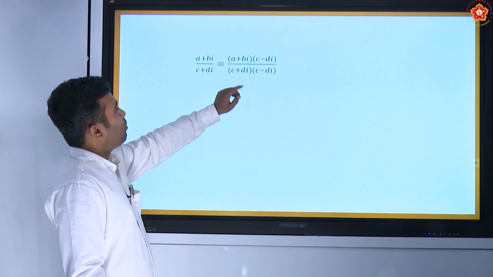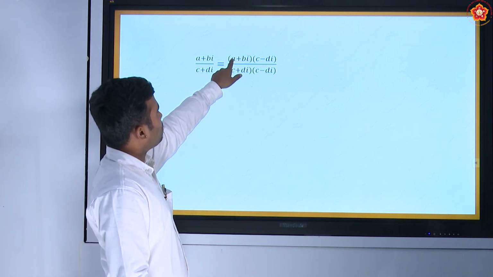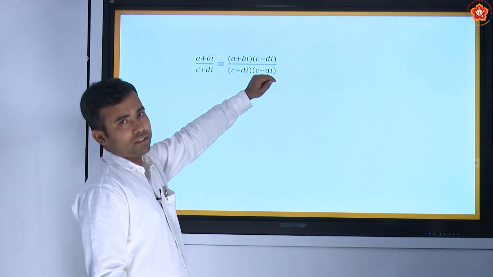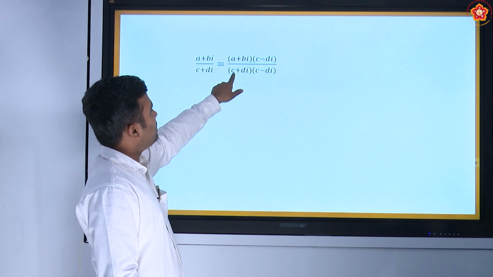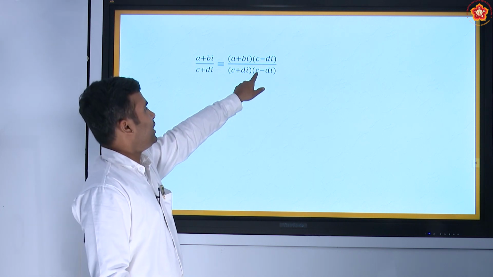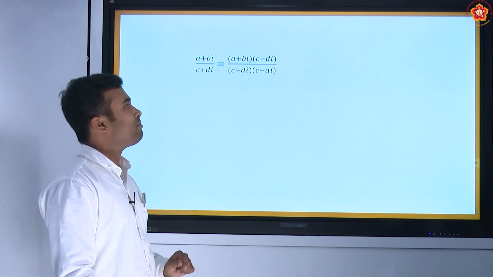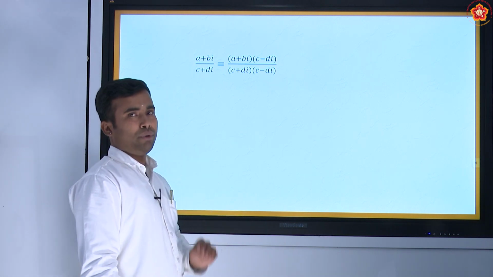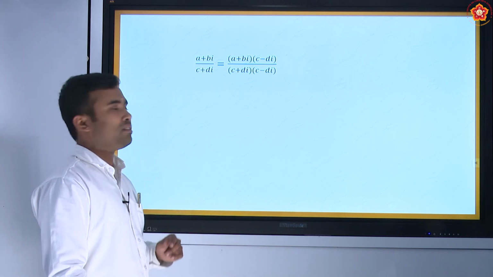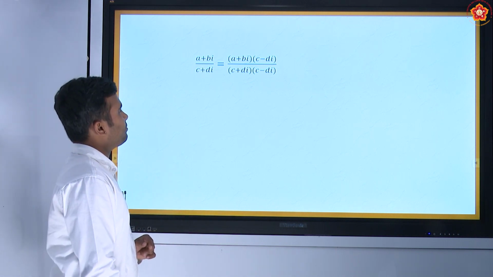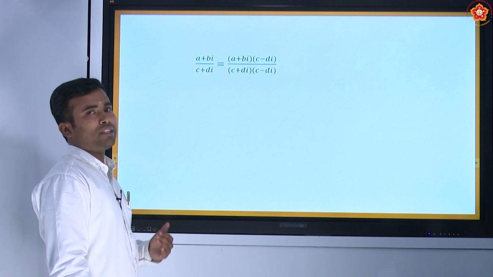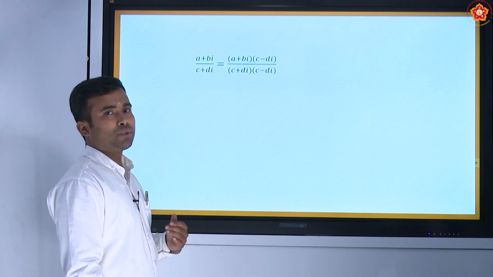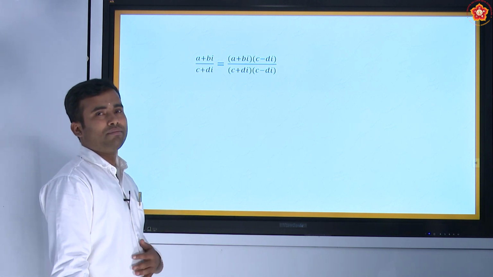Now we multiply these two complex numbers. Here C plus Di into C minus Di is like A plus B into A minus B. So what is A plus B into A minus B? A square minus B square.